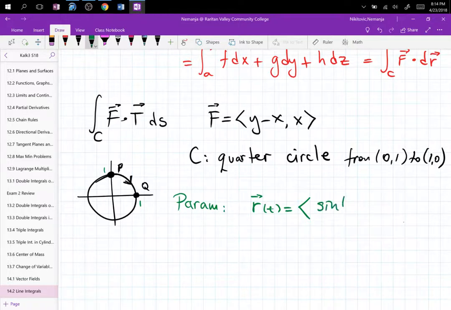So sine t, cosine t. Because the arrow is clockwise, your x is sine. If the arrow is counterclockwise, your x is cosine. Good. All right, we got that.